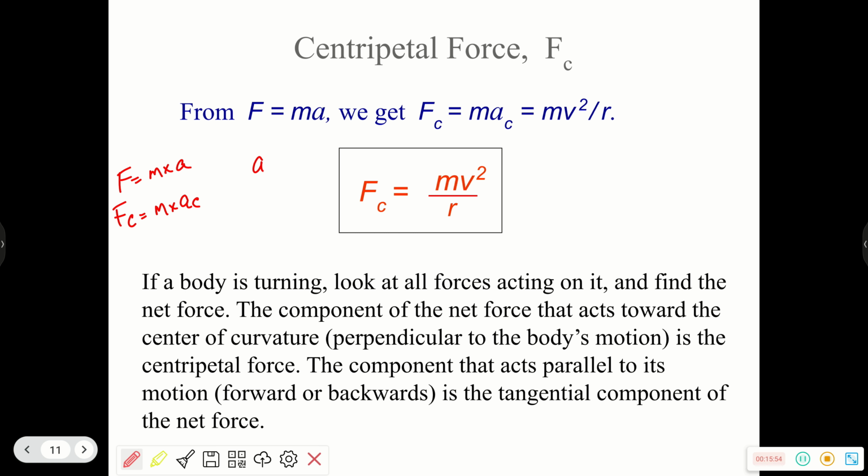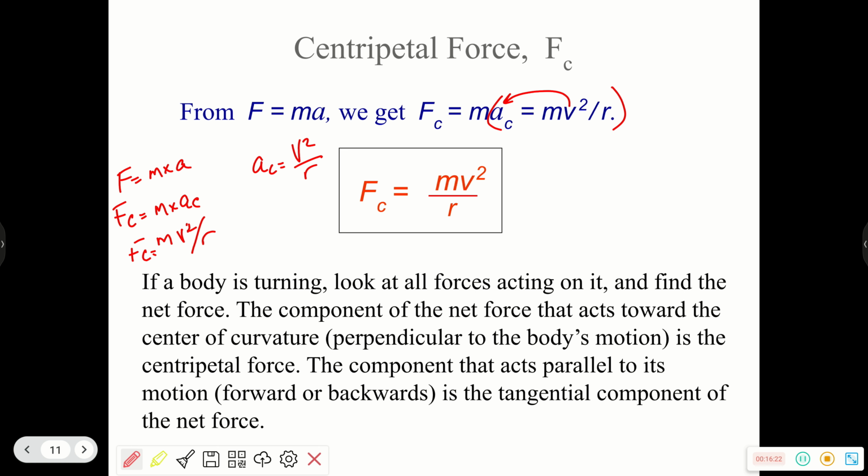We know that AC equals V squared over R, so if we substitute, centripetal force is going to be mass times V squared divided by the radius. So FC equals mass times velocity squared over the radius.